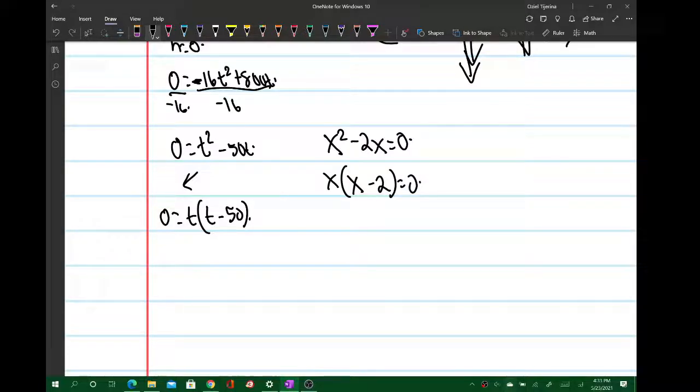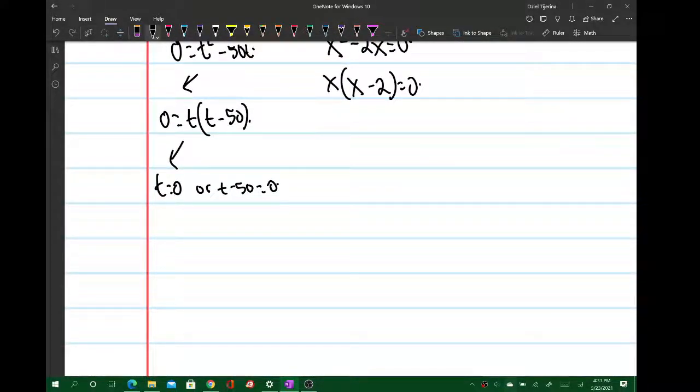And then we can use the zero product property. This is saying that t equals 0 or t minus 50 equals 0, so t equals 0 or t equals 50 because we add 50 to both sides, right?